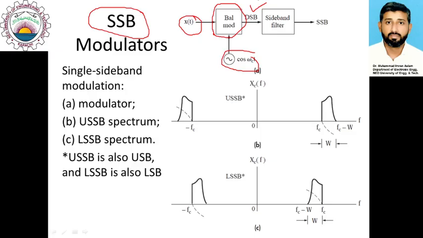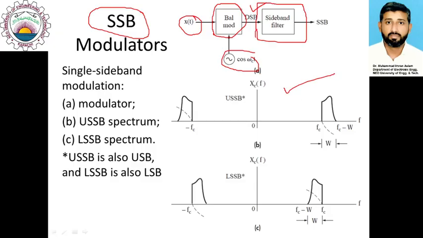After that, we will suppress one of the sidebands. Either upper sideband would be suppressed or lower sideband would be suppressed. That suppression of sideband is achieved by using a sideband filter. So we will be using a filter in order to suppress one of the sidebands.